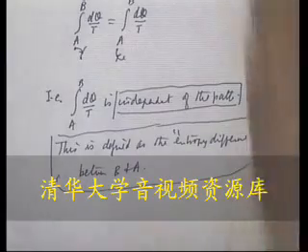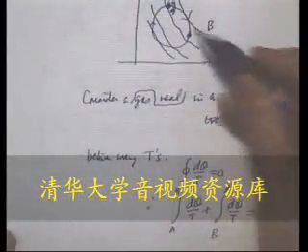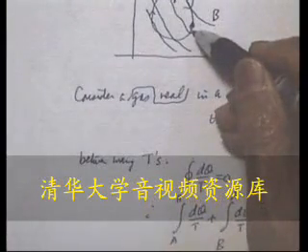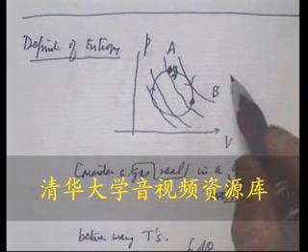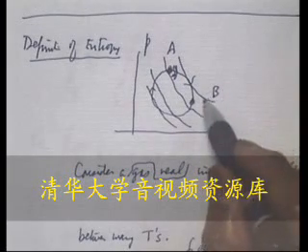So if you want to know the entropy difference between any 2 points, all you have to do is construct a path, any path between them adiabatically, not adiabatically, reversibly.